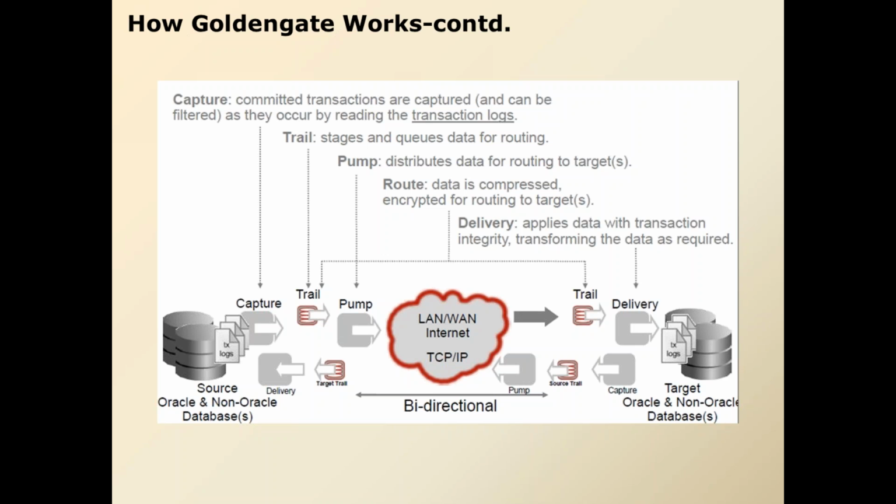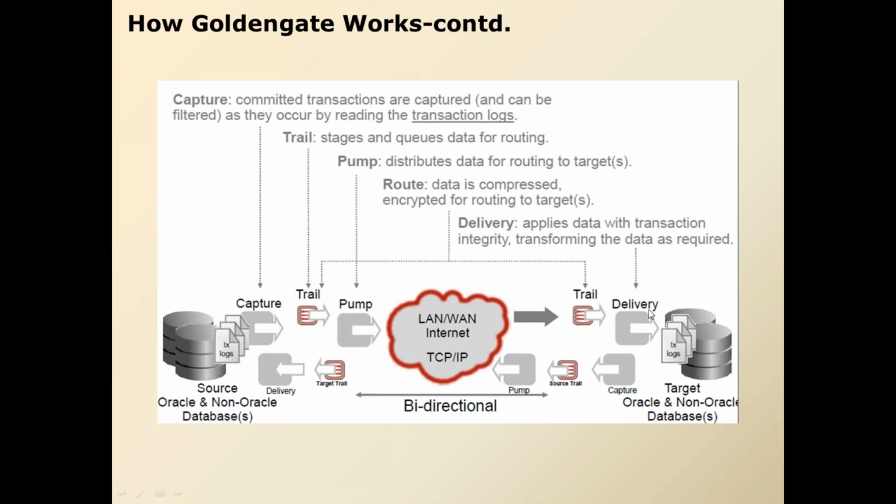So there are three processes. Again, I repeat: capture, pump and delivery. The capture process source is the transaction logs of the database. The pump process source is the local trail.